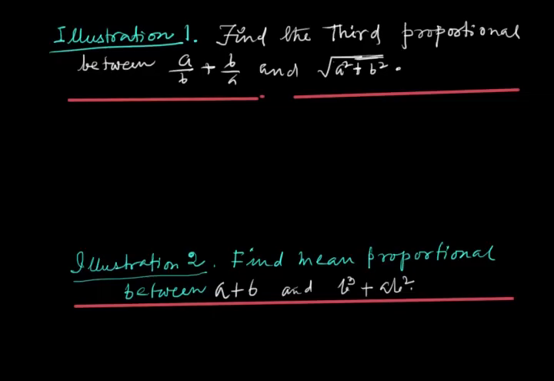Now we'll discuss two illustrations. Find the third proportional between A by B plus B by A and root over A square plus B square.